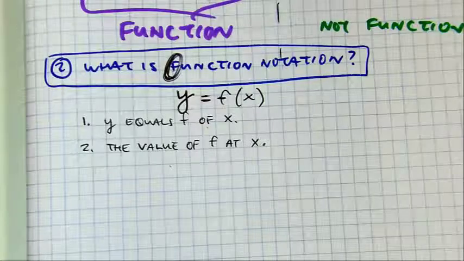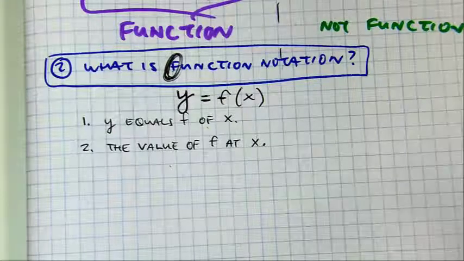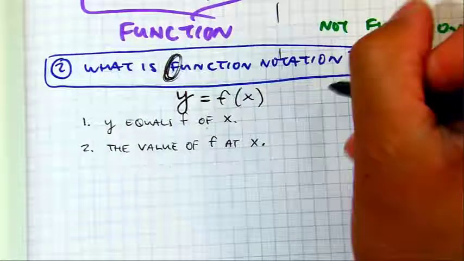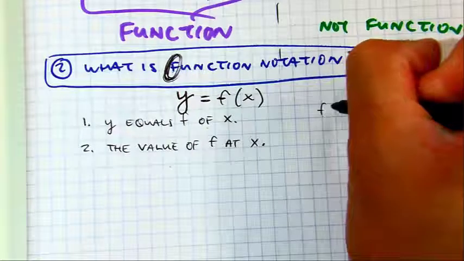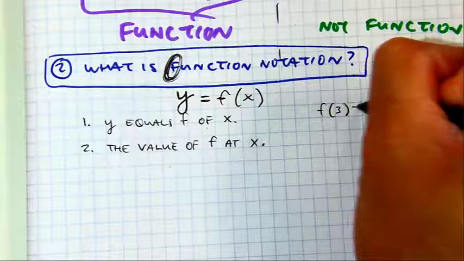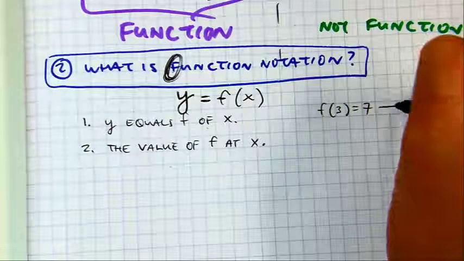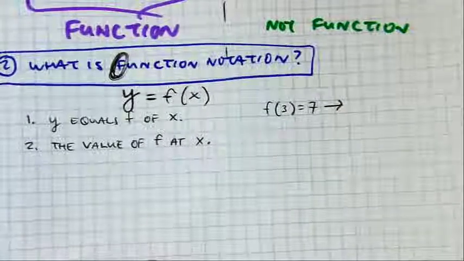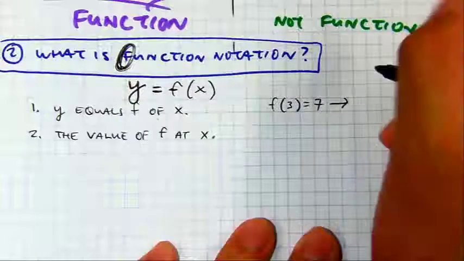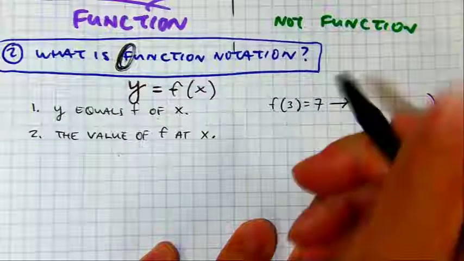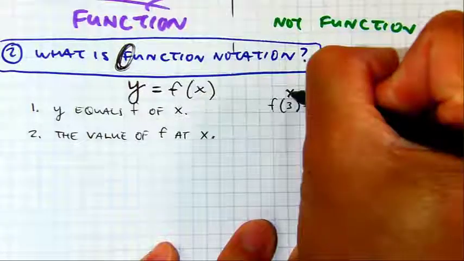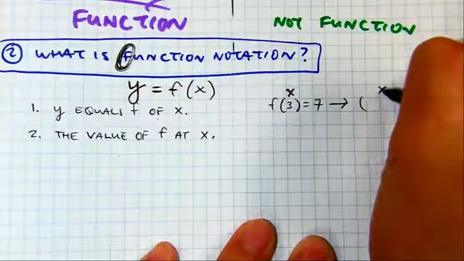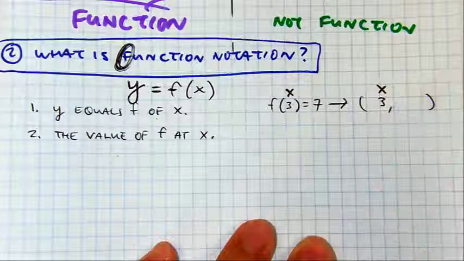All right, so let's make sense of this. F of 3 equals 7. What is your x value? The x value is actually on the inside there. And your y value is 7.